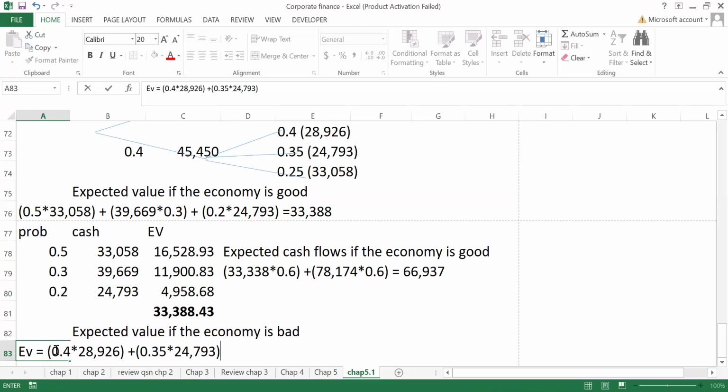What is the total for the 2 years expected cash flow when the economy is good? It is 66,937. Then 0.25 times 33,388.